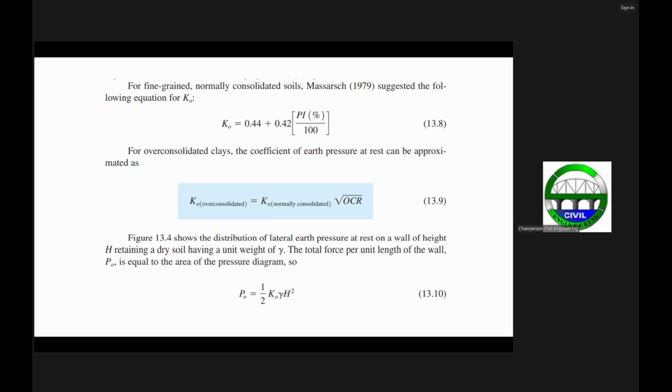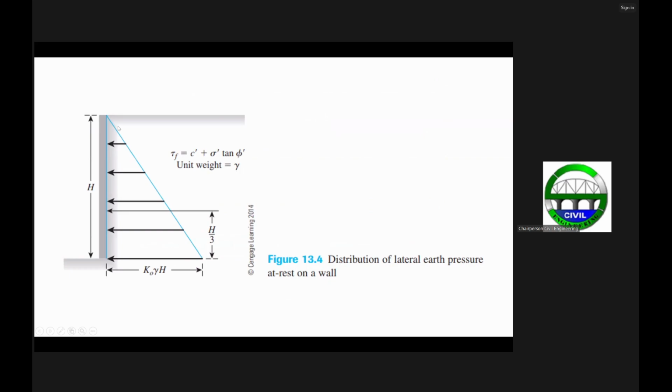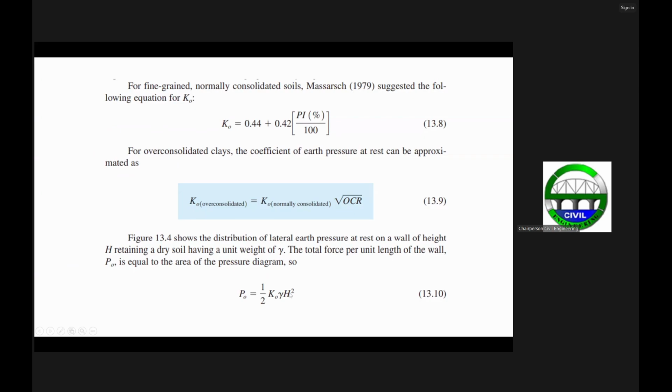To get the total force, we simply get the area of this pressure diagram. The area of the triangle is one half of this earth pressure multiplied by H. So that gives you one half the at-rest earth pressure K sub O gamma H, then multiplied by H, so that becomes H squared.